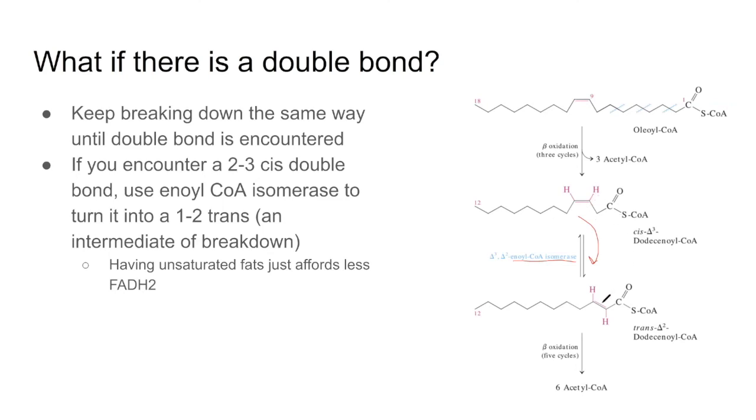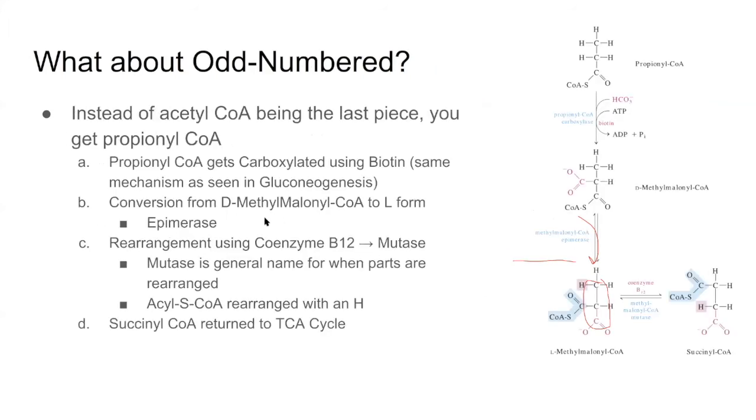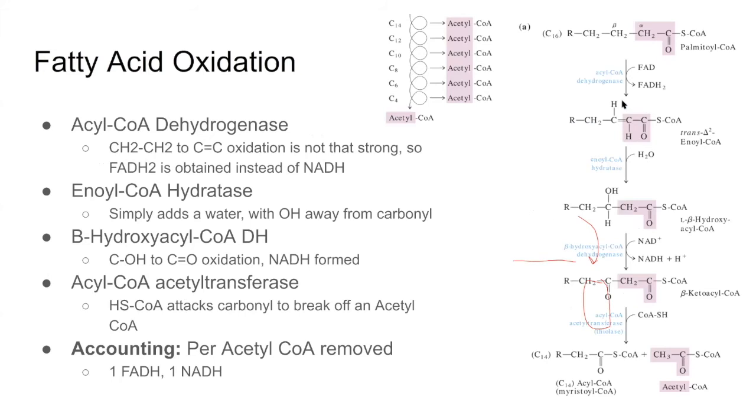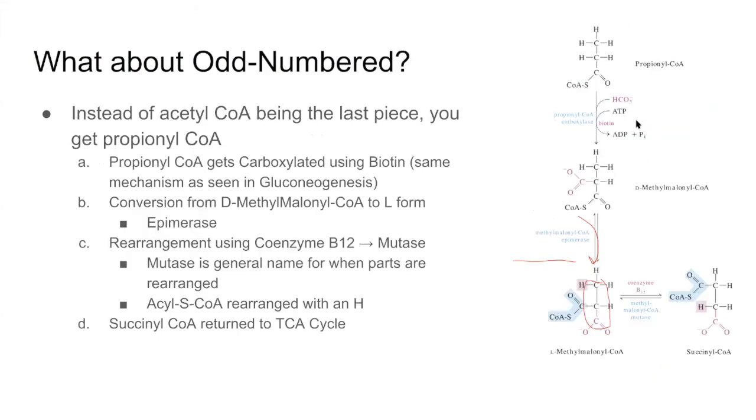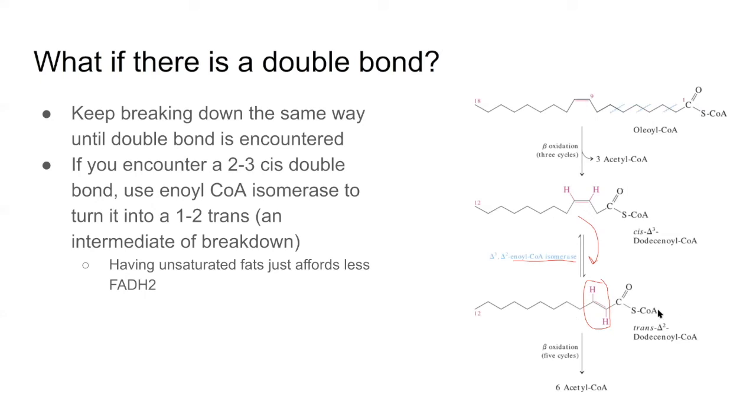And once you're at this step, you should hopefully realize that a trans double bond in the 1 and 2 position is the exact intermediate that we saw when we did beta oxidation earlier. We had a 1,2 double bond that is trans. And so this is actually just the intermediate of the normal beta oxidation process.